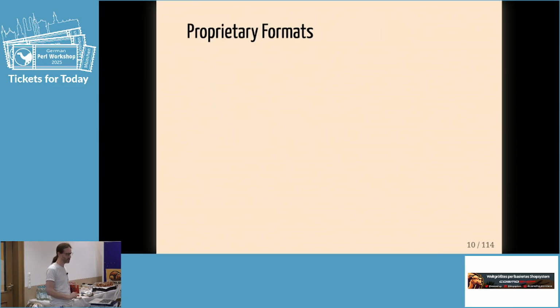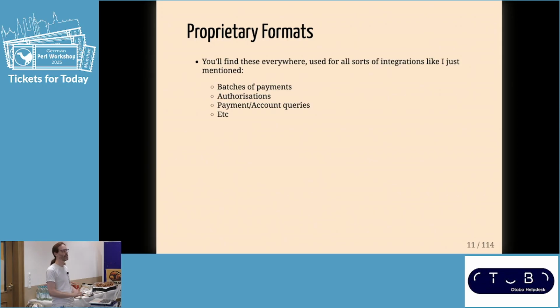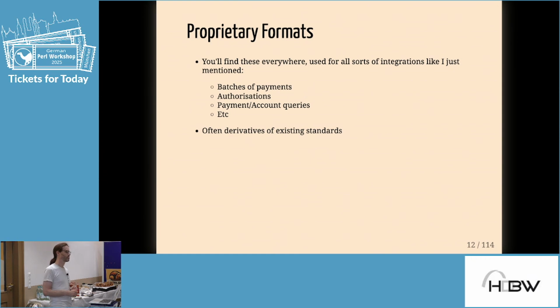So the first thing is proprietary formats. And you'll find these everywhere, and they're used for all sorts of things. Sending batches of payments, asking for authorizations, statement data. They're often derivatives of existing standards. So you get a spec for a standard and an example file, and you look at it and you think, kind of looks like this other thing, but not quite.